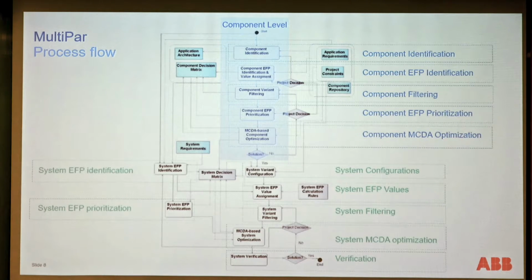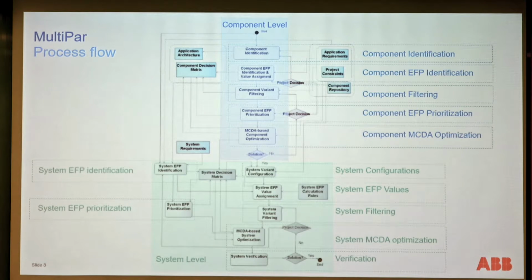It is a bottom-up approach, so we start at component level. We consider the components and analyze them, and once we select which components, variants, and implementations are the best ones, we go to system level and perform the optimization at system level.